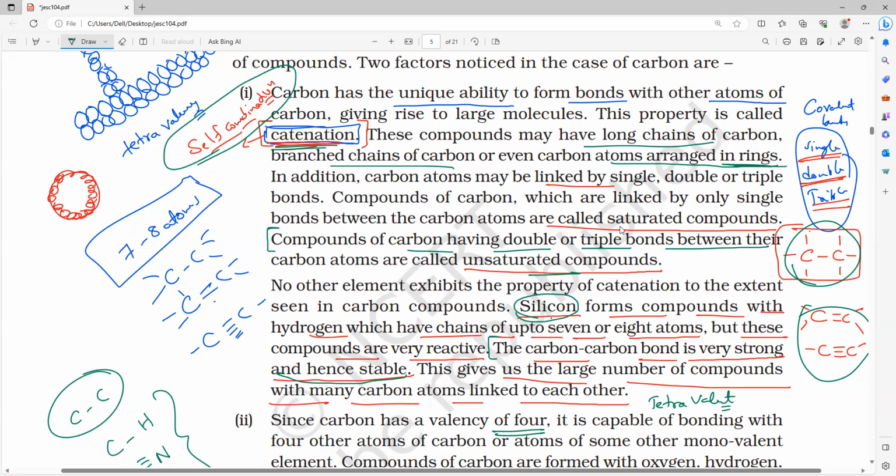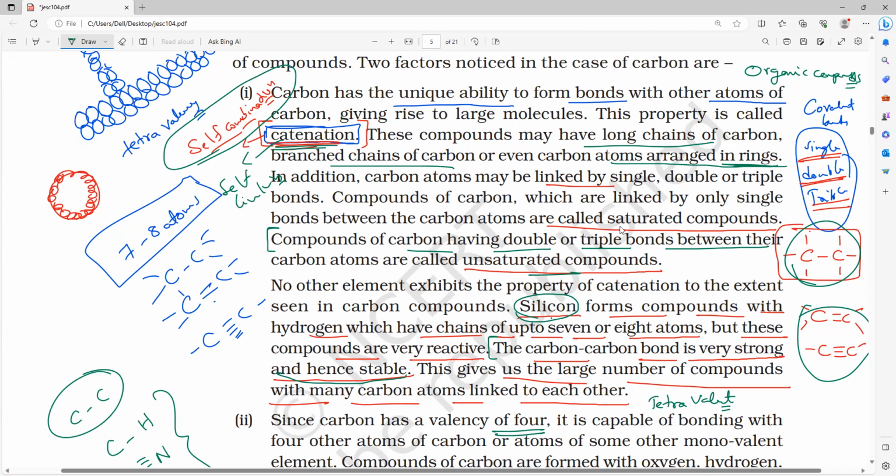So that is the special thing. That is the reason behind the large number of organic compounds, or carbon compounds. Carbon compounds we can also call organic compounds. Why can these millions of compounds be formed? Because of self-linking, catenation. Self-linking is extremely important.